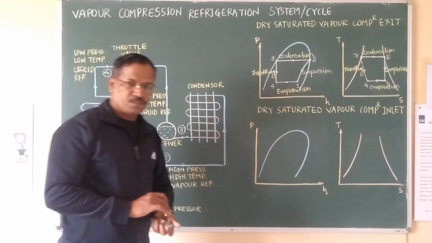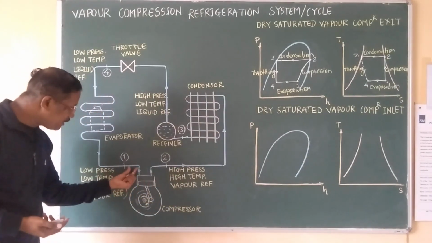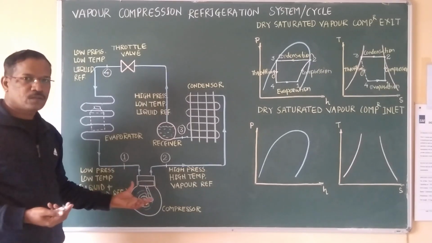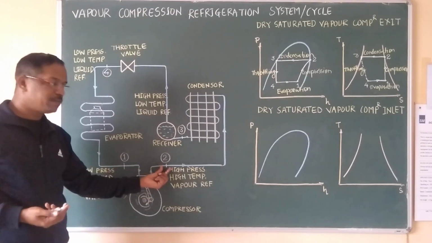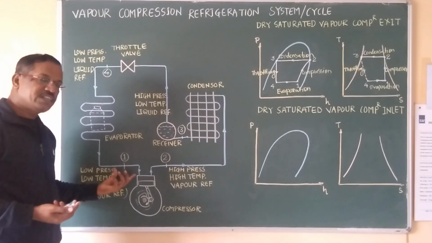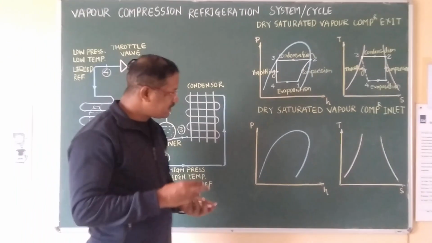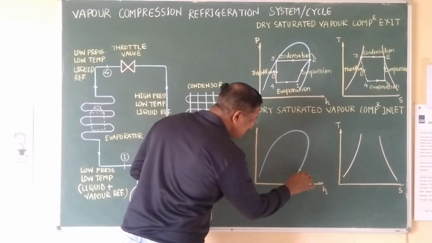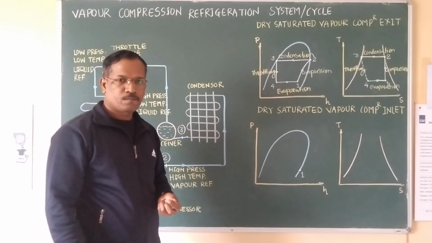Now suppose the second condition, when we are assuming that at the inlet of compression it is a dry saturated vapor, then what happens? If it is wet vapor, then after compression it becomes dry saturated. But suppose at the inlet of compression it is a dry saturated vapor point.